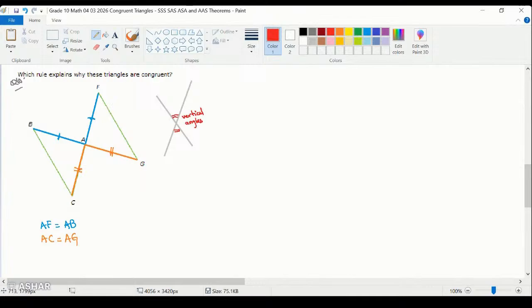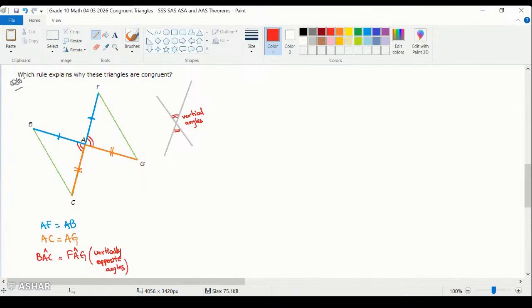Agreed? So can I say that this angle would be equals to this angle? So can we say BAC angle would be equals to FAG angle, and they are vertically opposite. I'm using both the terms, angles, right?